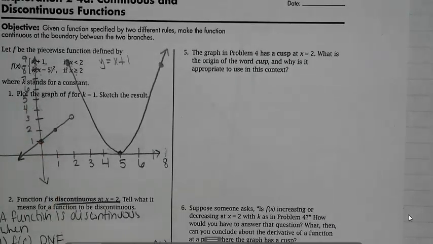The graph in problem 4 has a cusp at x equals 2. What is the origin of the word cusp, and why is it appropriate to use in this context? This was in your book. The word cusp comes from the Latin word cuspus, meaning a pointed end.